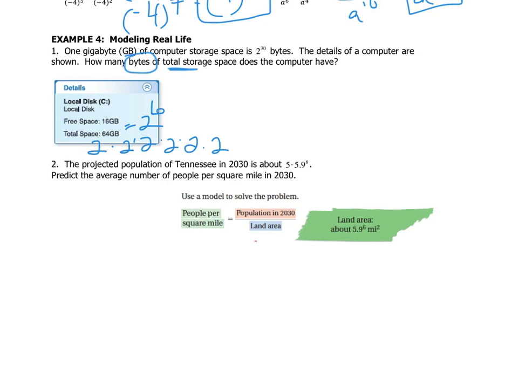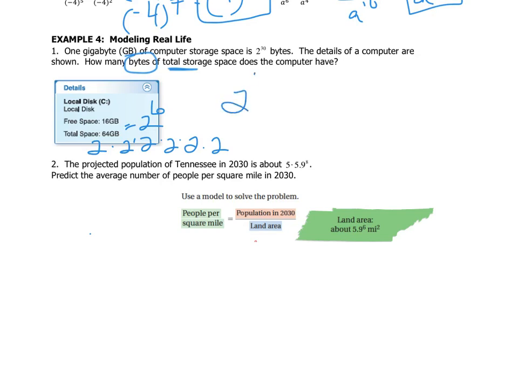So once I know that the total space in our computer is actually 2 to the 6th gigabytes, now I can start to figure out, well, what does that tell me for how many bytes there are? So basically, now I have these numbers in the same bases.